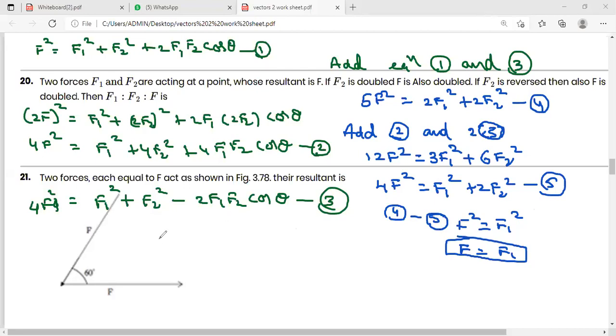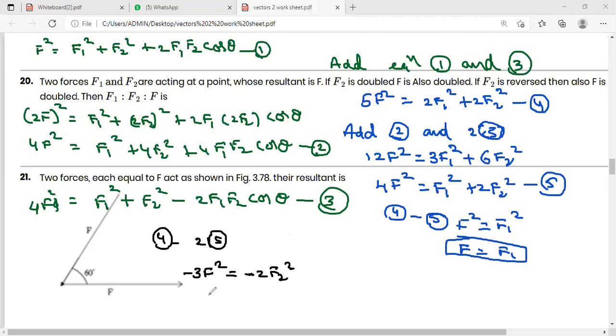What will be the answer then? Equation 4 minus 2 into equation 5. Correct only? So see here, equation 4 is 5F square minus double of 4F square, 8F square. 5 minus 8 will be minus 3F square equal to 2F1 square minus double of this 2F1 square, 0. 2F2 square minus double of this one, this will be minus 2F2 square.